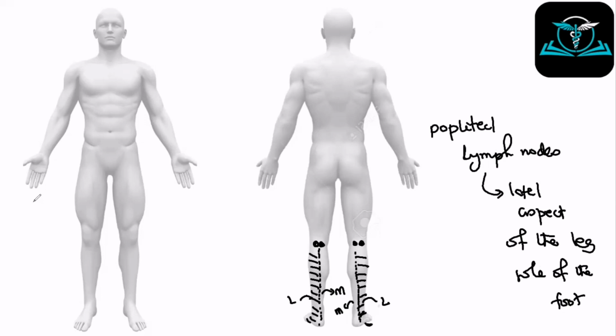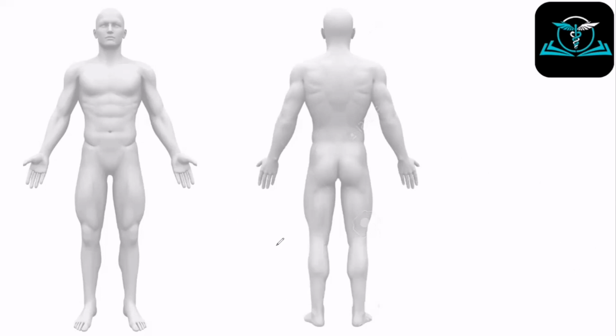So in a question, if you are told that a diabetic patient develops a boil on the lateral shin and he has lymphadenopathy, which of the following lymph nodes are expected to be enlarged? The answer will be the popliteal lymph node, because the location of the infectious process is on the lateral aspect of the leg.